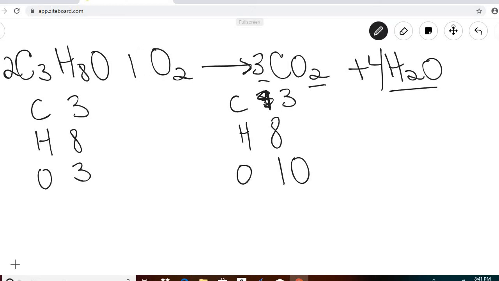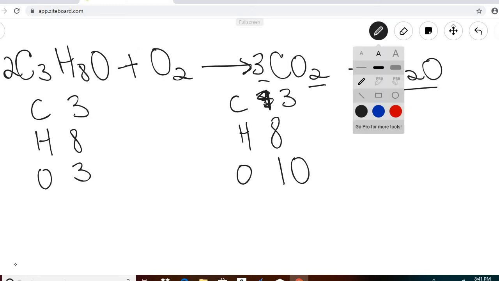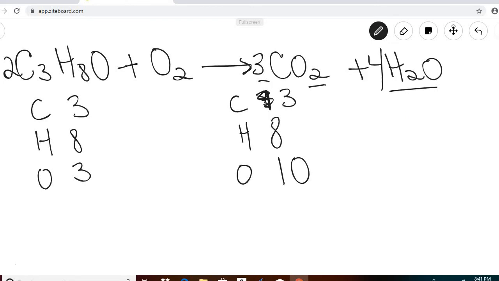Before we do that, let's try to get 20 oxygens. We can get 20 oxygens by, if we put 9 here, then that gives us 18. And then if we double this, that's going to give us 20 oxygens on this side.